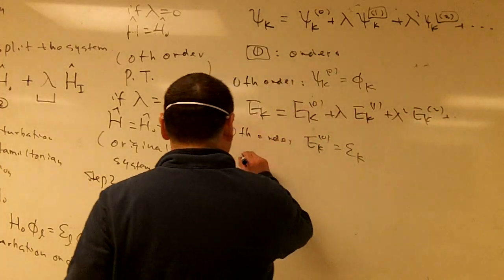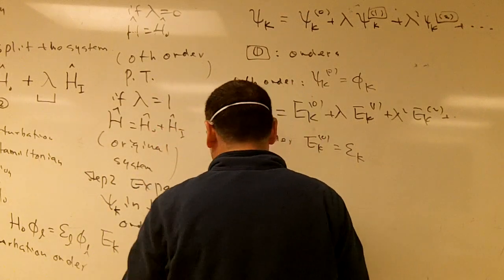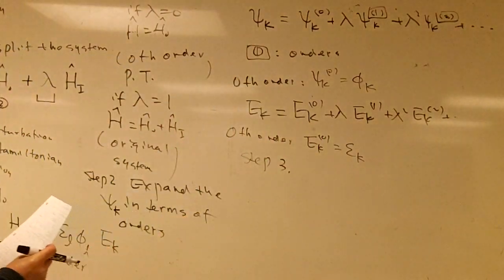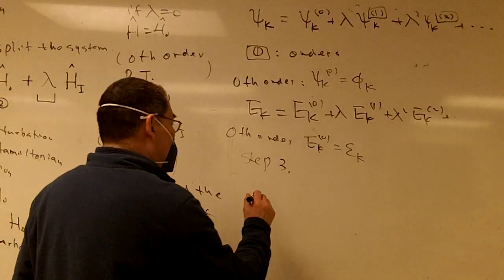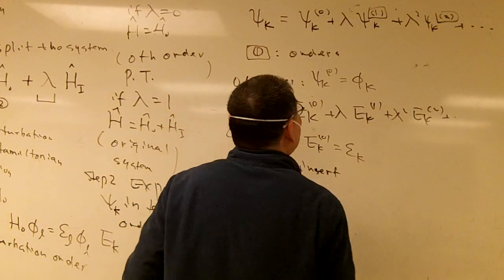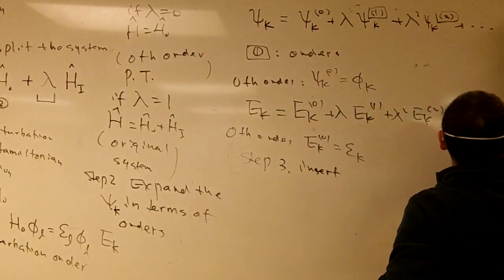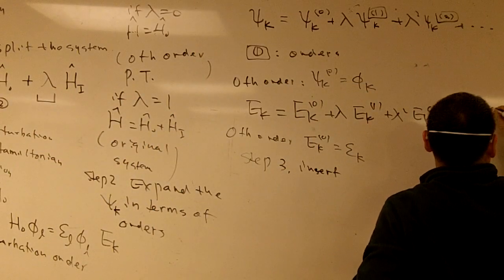Now I want to show you step number 3. What we will do is the following. We insert two equations. This equation is called equation number 1, and this is equation number 2.